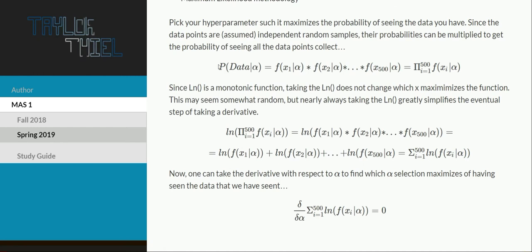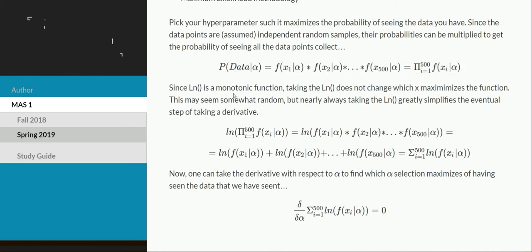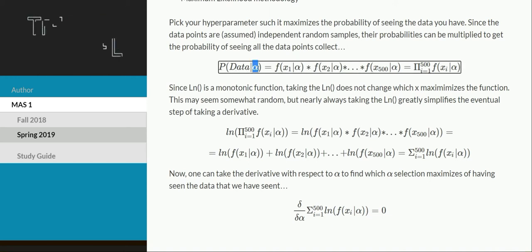But just to walk through this, we have some data, so that's all those xi's. We want to know, here I have alpha, because that's what we're using in this problem, but it could be any hyperparameters, given a hyperparameter value, what is the probability of seeing the data that we saw?